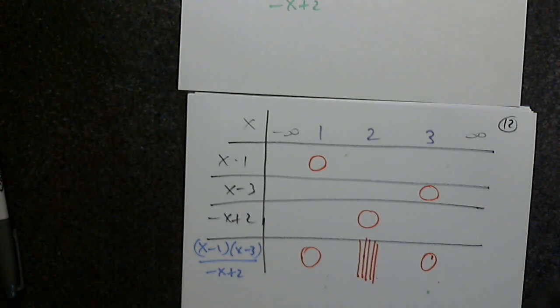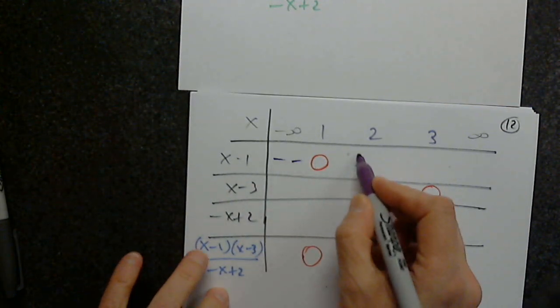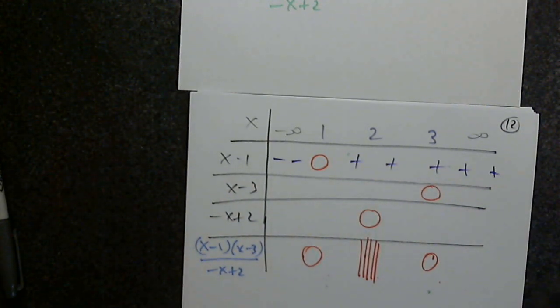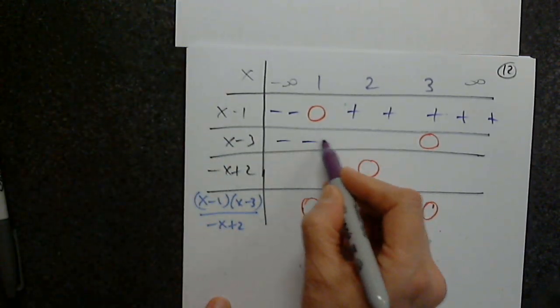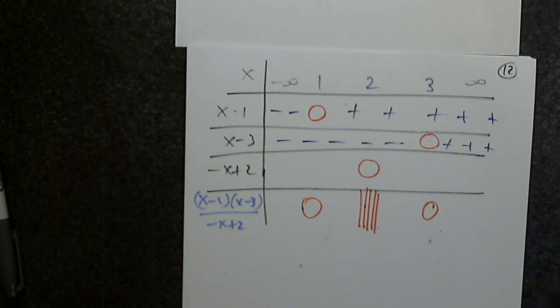Perfect. So please give me the signs, the sequence of signs for x minus 1. Sequence of signs for x minus 3. The same thing. However, for negative x plus 2, that's why we studied end behavior. It's a leading coefficient that is negative and an odd function, odd degree.